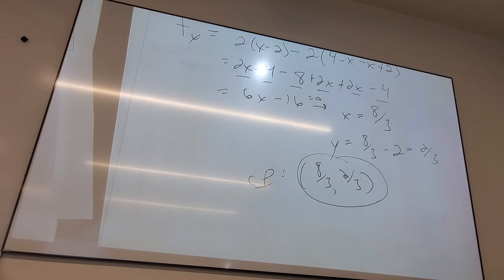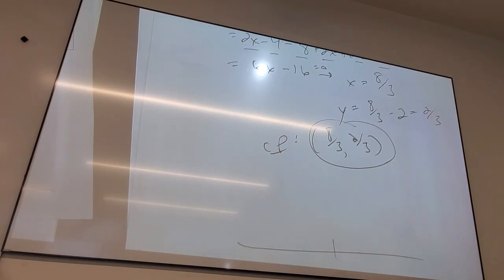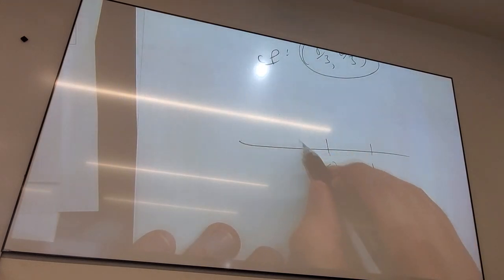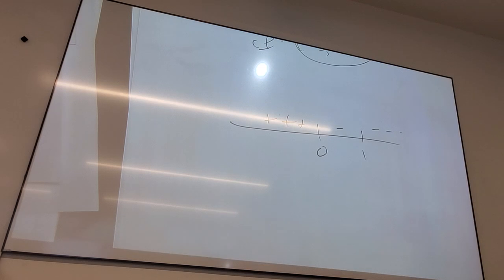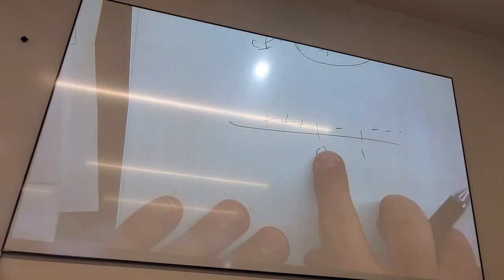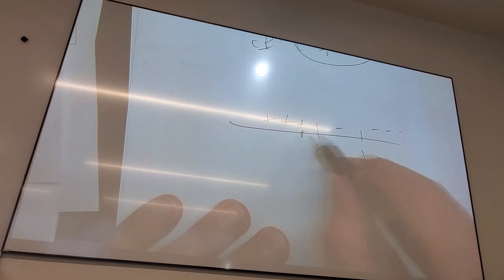I don't know if you guys remember when you first did the number line, and you put your little critical numbers, 0, 1, and then you said, okay, this is positive, negative, negative, yes? How did I know that this was a maximum? It's because on this side it is up and this side is down.